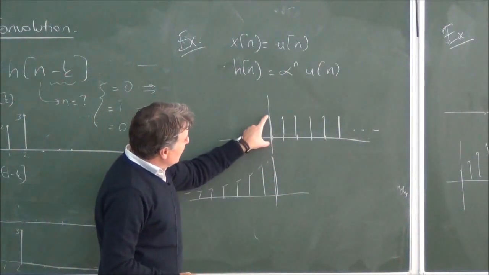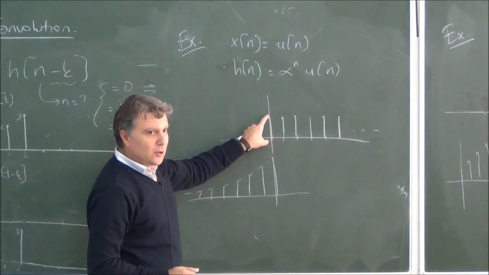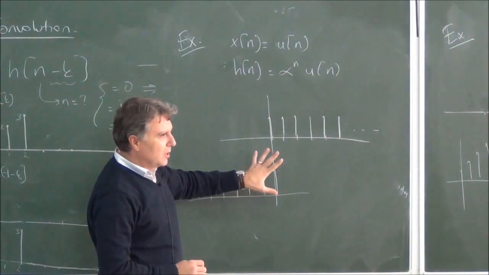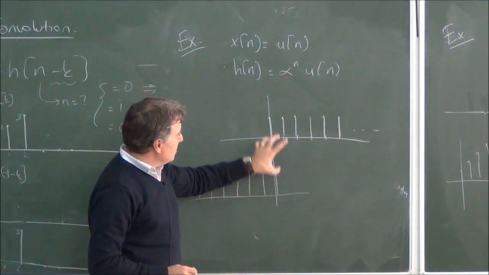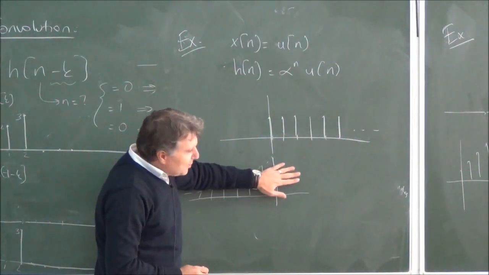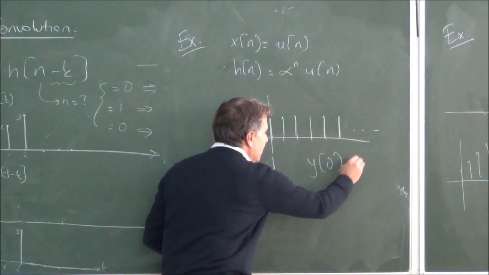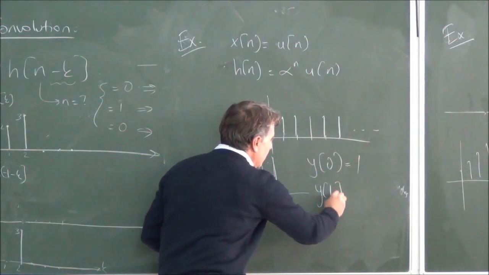This is 1, this is 1. The output y of n at n equal to 0, the amount of shift is 0, is 1 times 1, 1. Let's shift this thing to the right. What is y of 1? So y of 0 is equal to 1. What is y of 1?